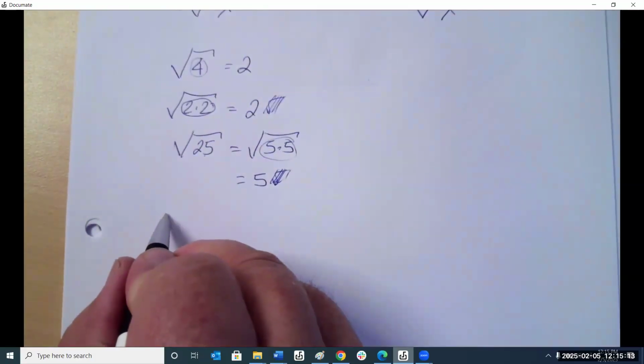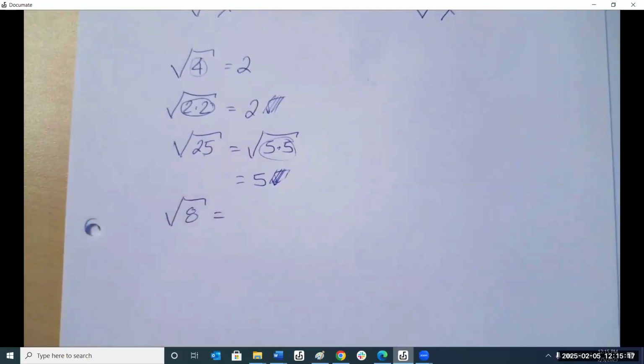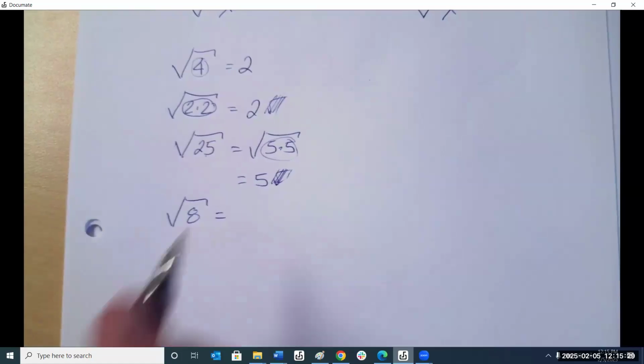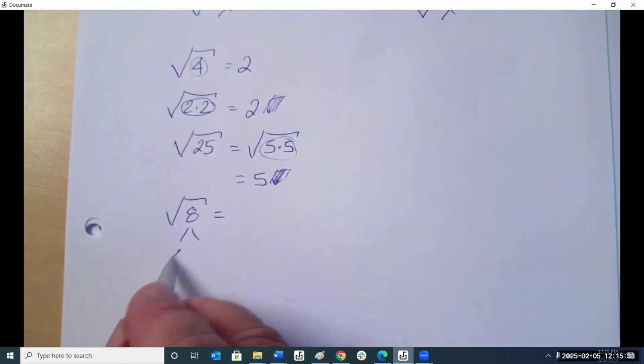What about the square root of 8? First thing you always do is prime factorize your number. What is 8 made up of? 4 times 2.